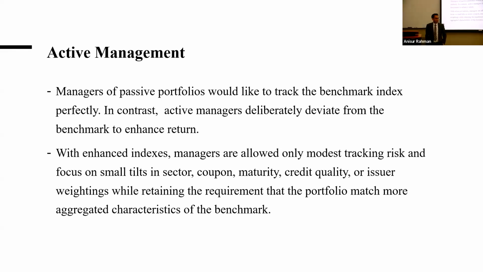Duration measures the percentage change in bond price, or in your bond portfolio, for change in interest rate, right? If the duration is 2%, then 1% change, parallel shift. Remember also that the yield curve can change in many different ways. One is shift, which means increase or decrease by the same amount in all maturities.